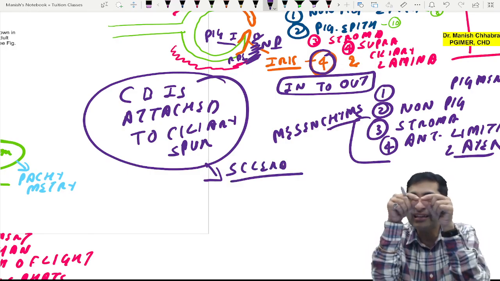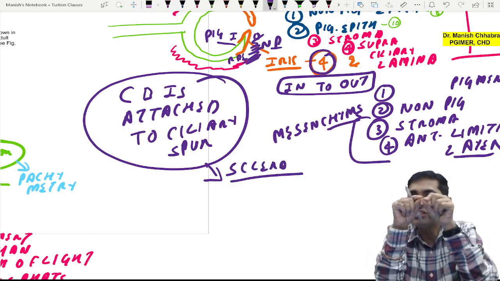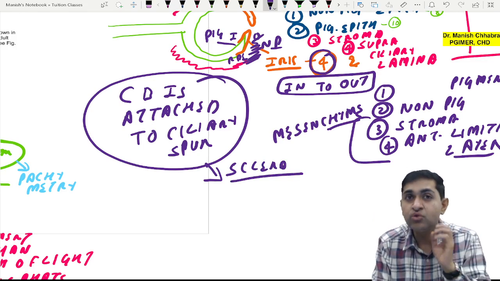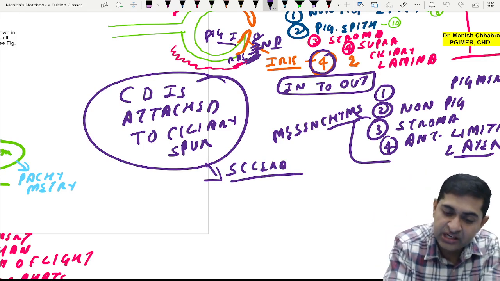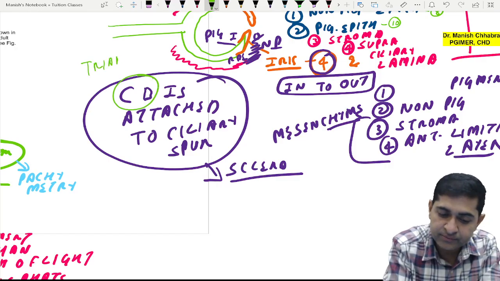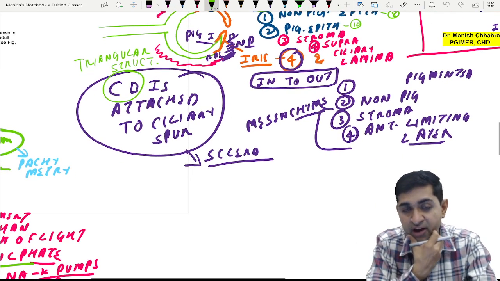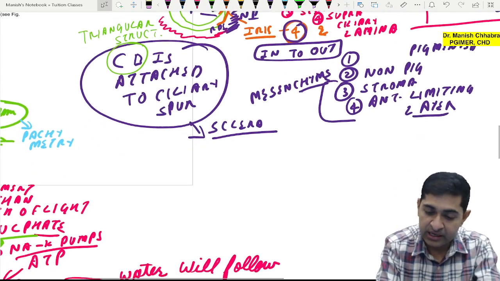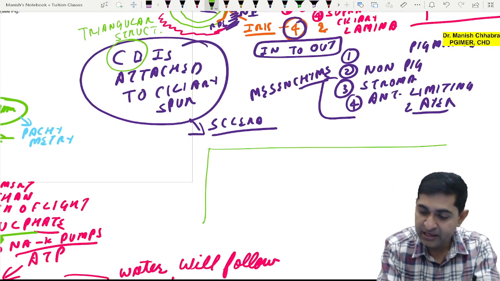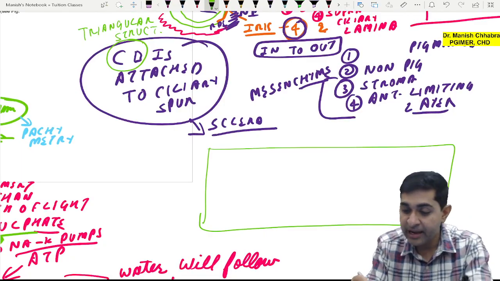So there is a teeth-like structure, the spur, which is arising from the sclera, to which the ciliary body is attached, and the ciliary body is a triangular structure. I hope it is clear. Okay, we are doing anatomy and embryology step by step.